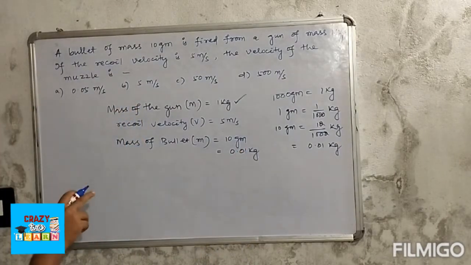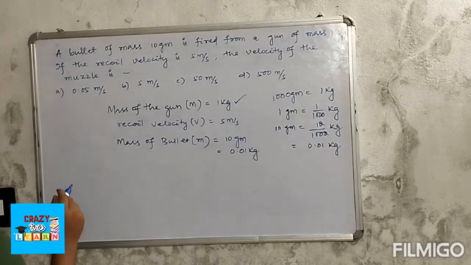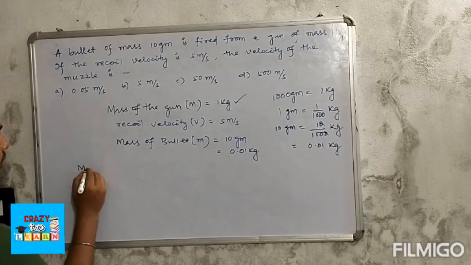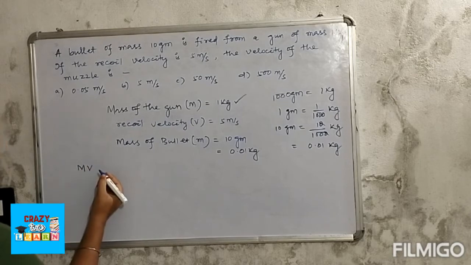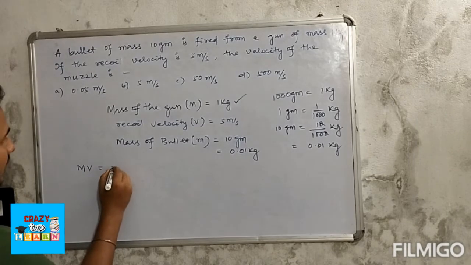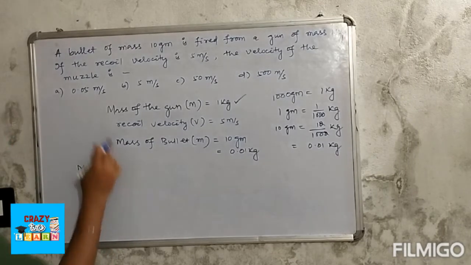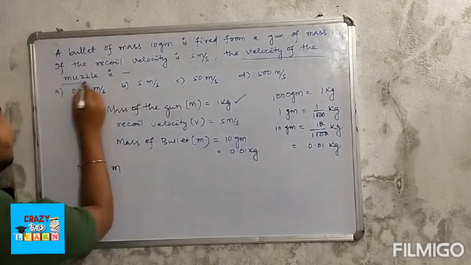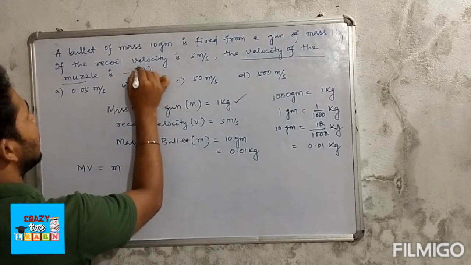So now according to the law of conservation of momentum, the mass of the gun into the velocity of the gun, that means the recoil velocity, is equal to the mass of the bullet into what is asked of you, the velocity of the muzzle. We can take this as small v.